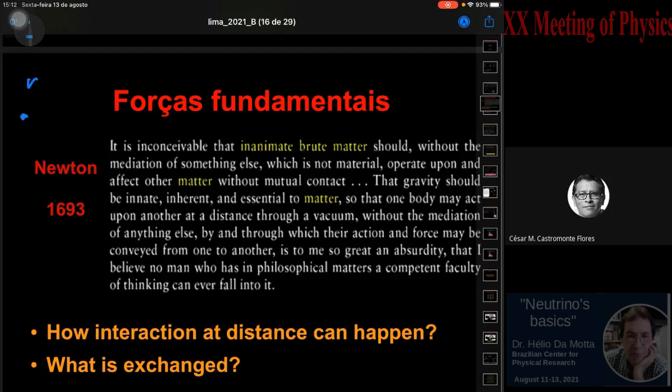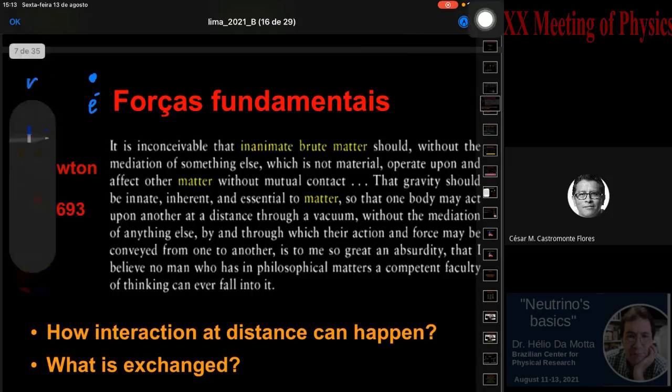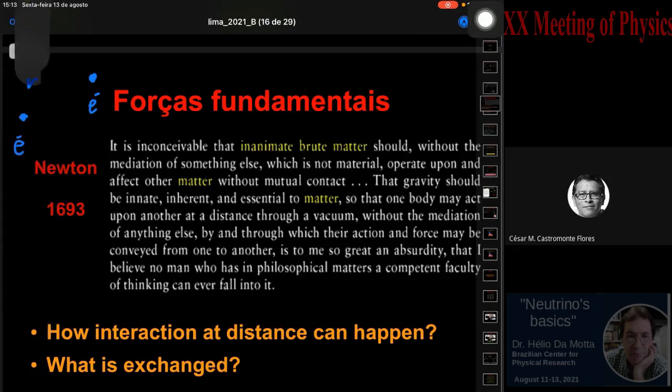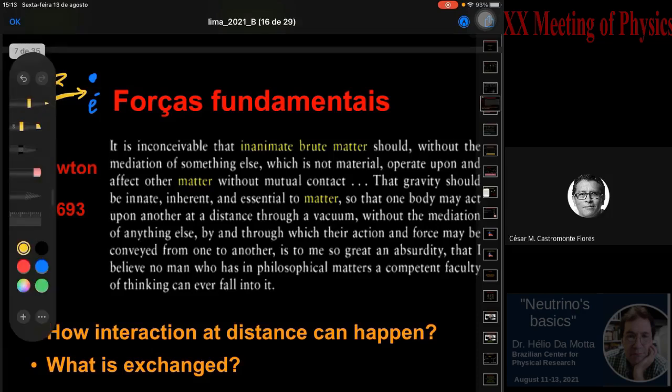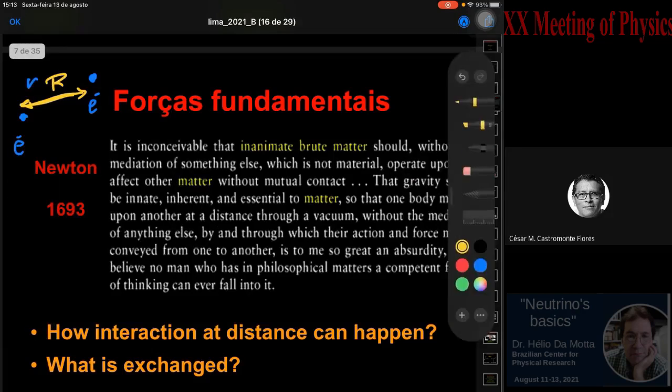Say one charge, let's say an electron, and here we have another electron, and the distance between them is r. Then there will be a force. They will repel each other.